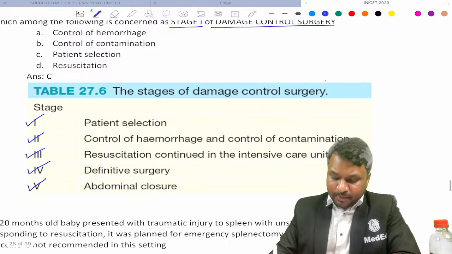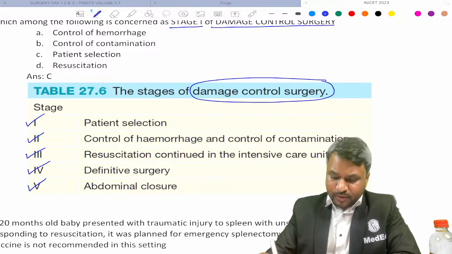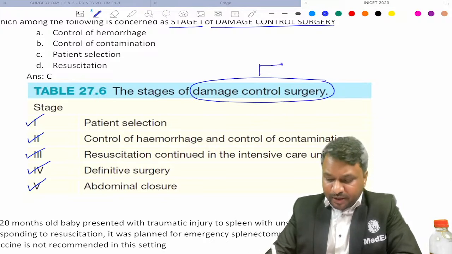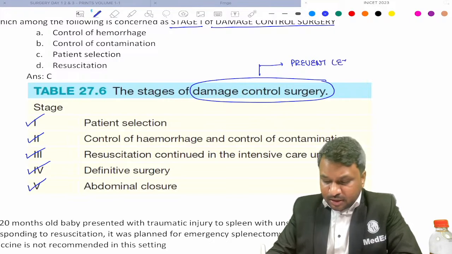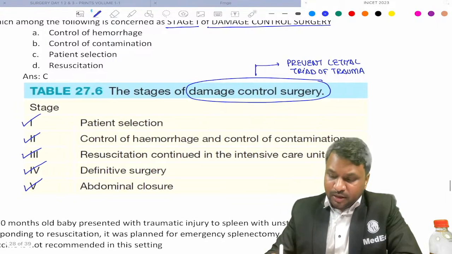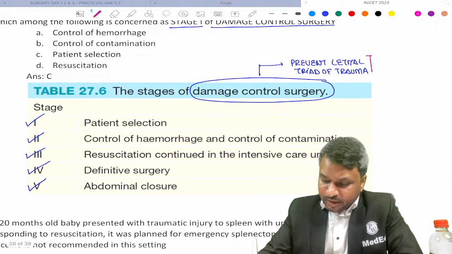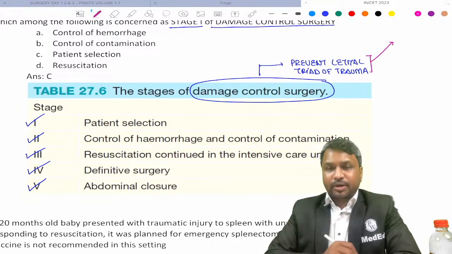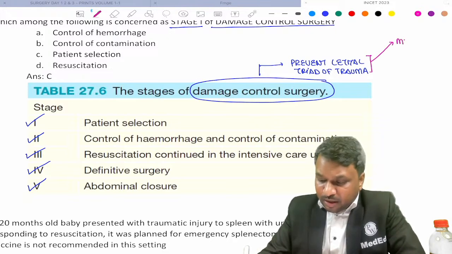Now, the concept of damage control surgery is basically to prevent the lethal triad of trauma. In the lethal triad of trauma, you have three components, right? Number one, patient will have metabolic acidosis.